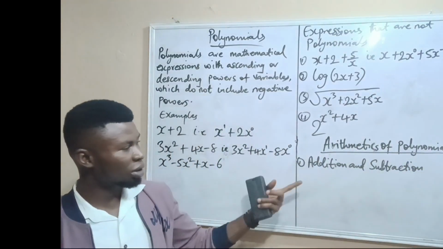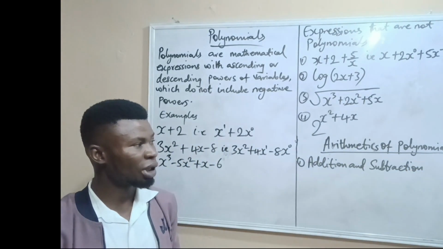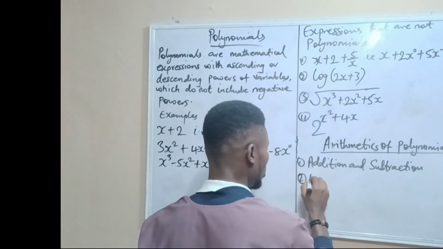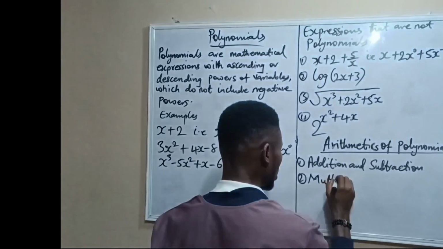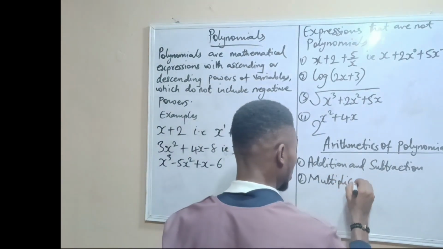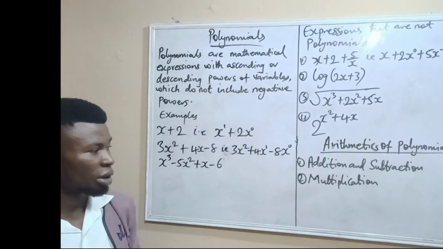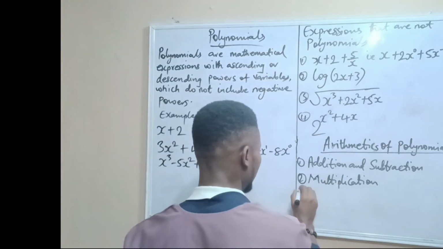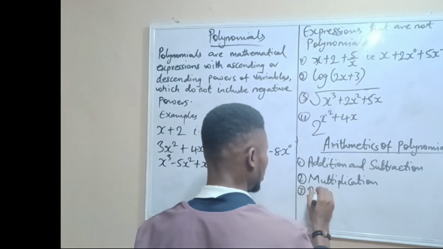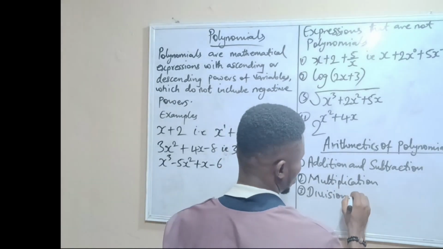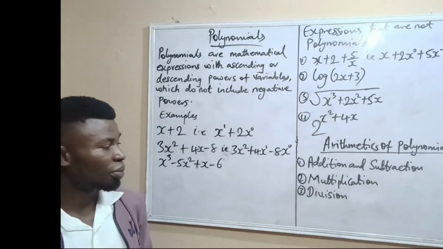We have addition and subtraction of polynomials as one of the arithmetics of polynomial. And we also have multiplication of polynomials. We also have division of polynomials.